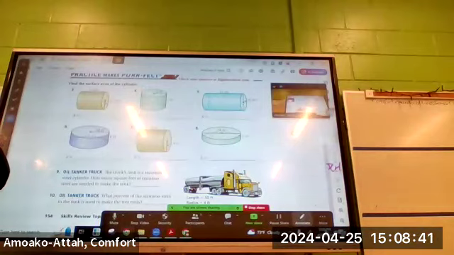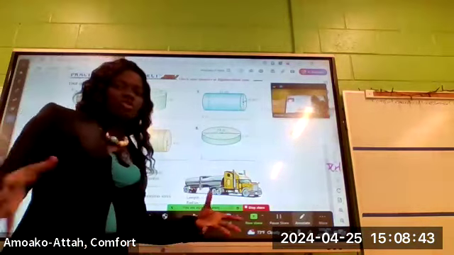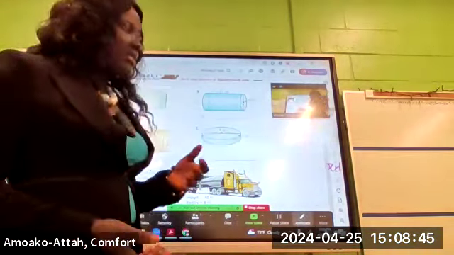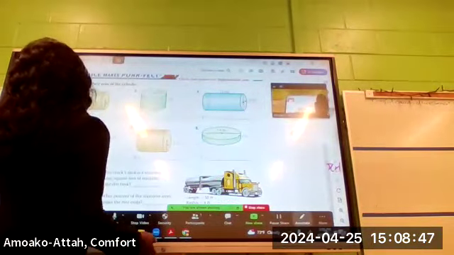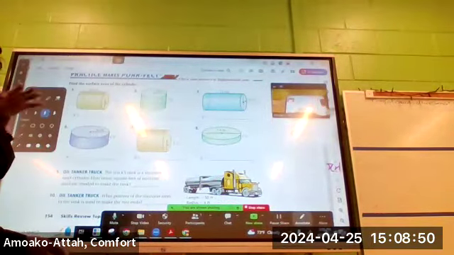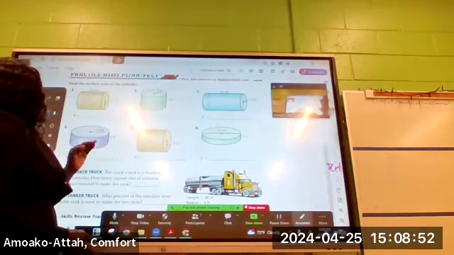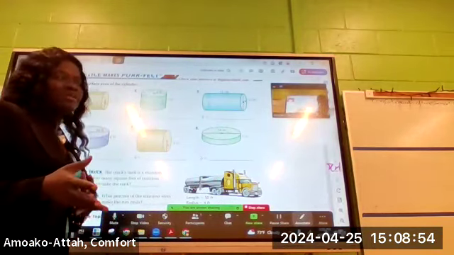I'll solve only two questions with you, and with that, you will be able to solve the others with the knowledge gained. The first example is, this is my figure. I have been given the radius to be 2 millimeters.